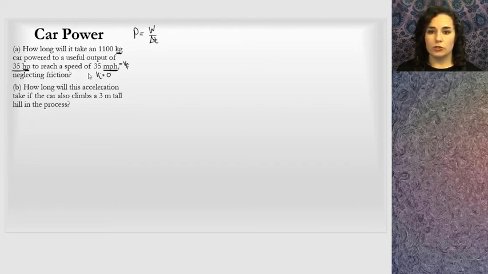So I'm going to do some unit conversion. It says neglecting friction, so I'm going to keep that in mind. How long will it take? So I want time. If I solve for time, I get T equals the work divided by the power. So I'll have to identify those terms.